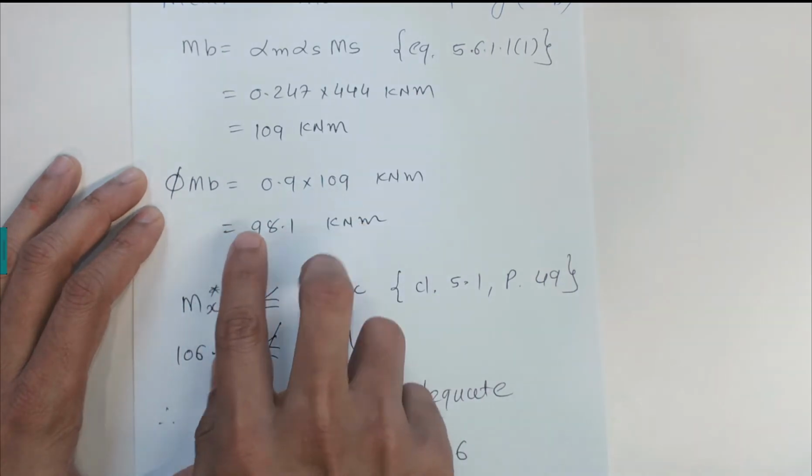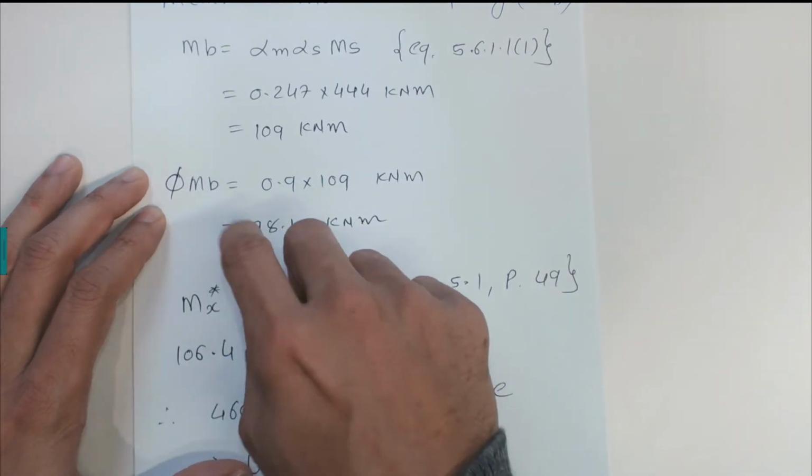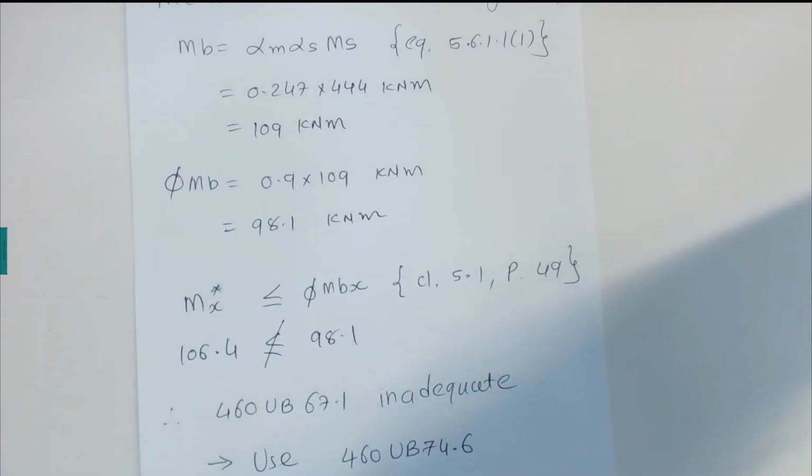Now we should compare this member capacity that we calculated with the bending moment diagram. The bending moment diagram will give the design bending moment.